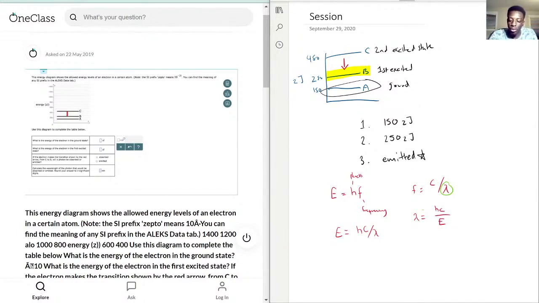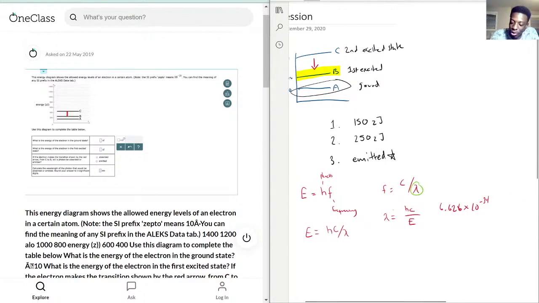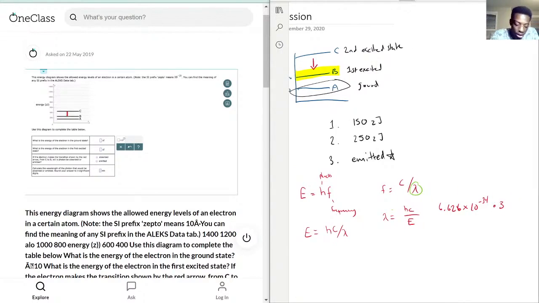So let's plug in our numbers. We know Planck's constant is quite a big number. It's 6.626 times 10 to the negative 34. And the speed of light is 3 times 10 to the 8th. And we have here our energy.